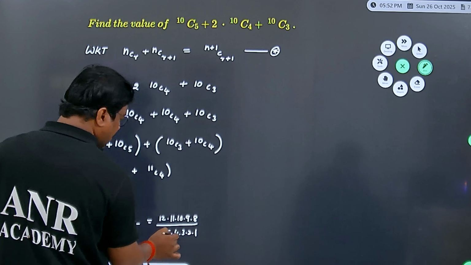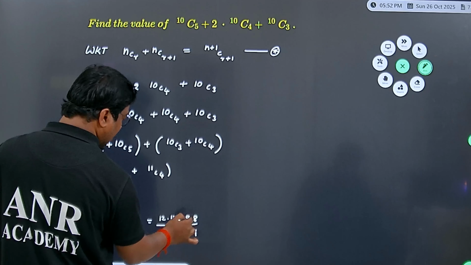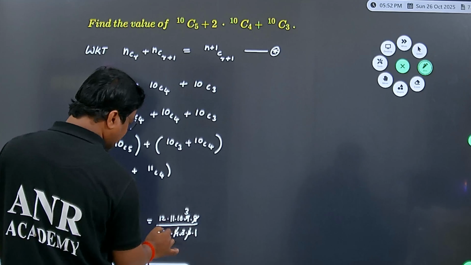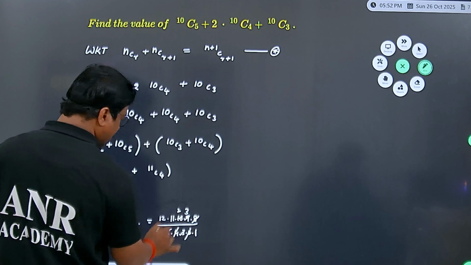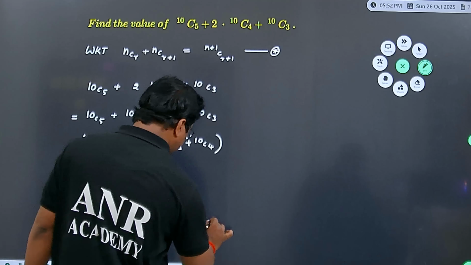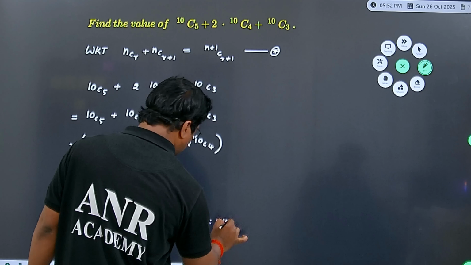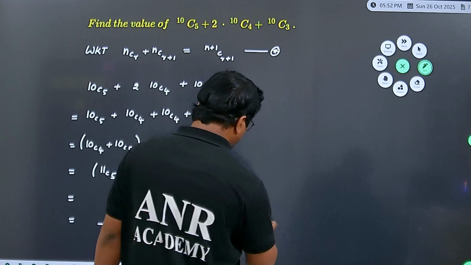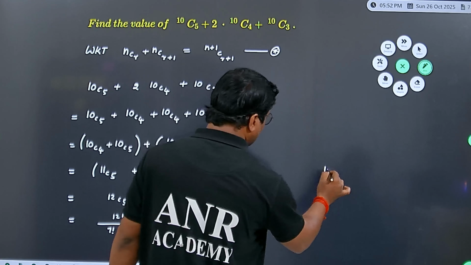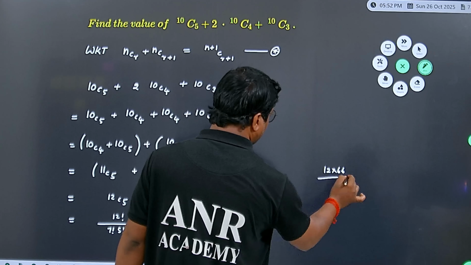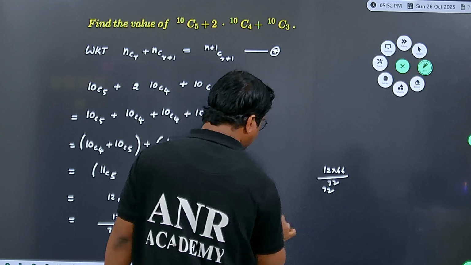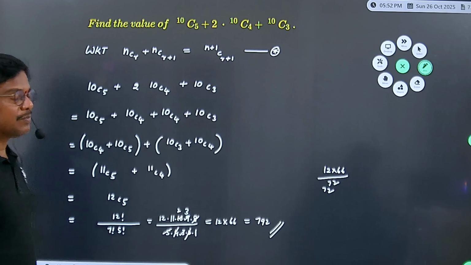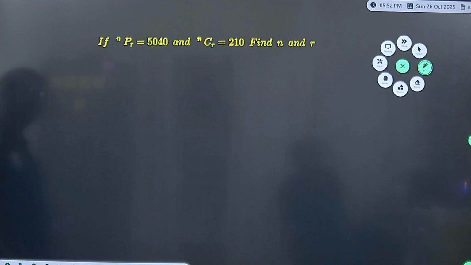Here 4, 2, 8 cancel, 3, 3 cancel, next 5 into 2, that is 12 multiplied by 66. That is 792, which is your answer. Let us move to the next question.